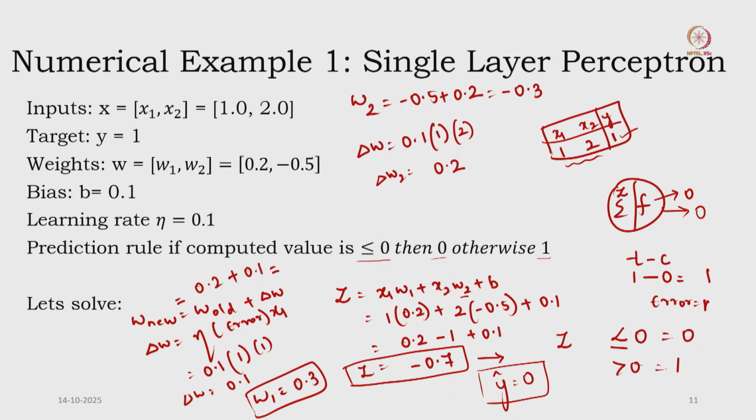By changing the weights, what we got is W1 value as 0.3 and the W2 value is minus 0.3. Now with this we should also calculate the bias term. Let us see how you update the bias. Let us solve calculating the bias.